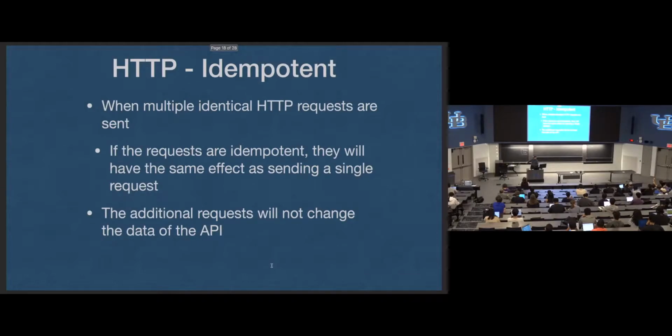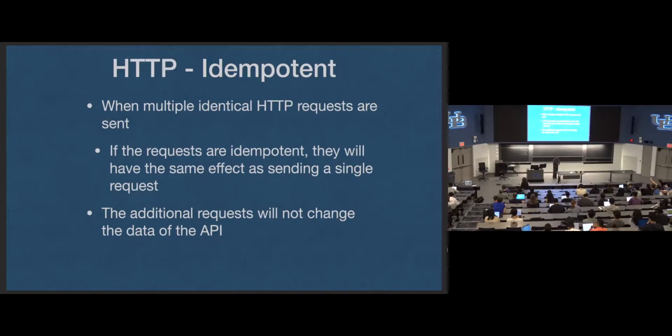Idempotent, what does that mean? It means that if you send multiple identical requests, it should have the same effect as sending that request one time. Additional identical requests should not have additional effect on the state of the server. If you label something as put or delete, it's also idempotent.